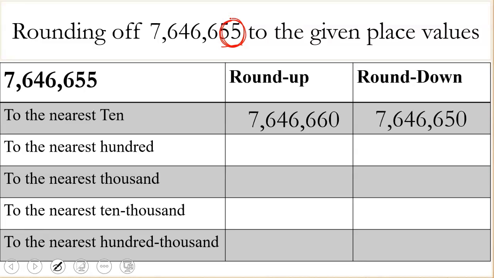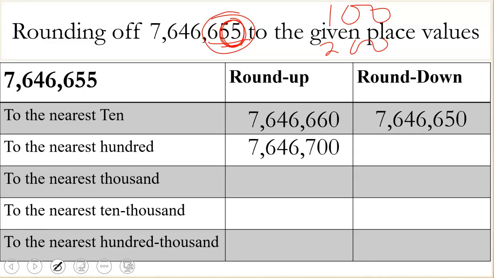Now, what if we are dealing with the nearest 100? The nearest 100. Okay, with the nearest 100, our consideration is going to be in hundreds, and in hundreds we know it is either 100 like this, 200, 300, 400. That's the hundreds. So either this number is going to be 600 or 700, but because we are running it up, we'll say 700.